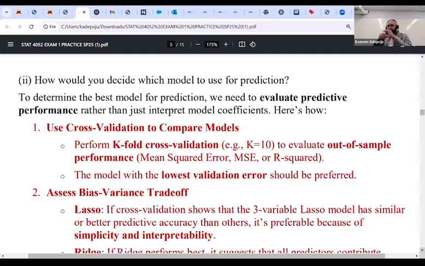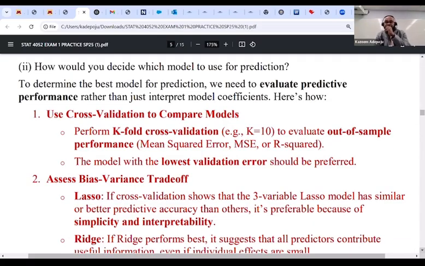So if I really want to know which model to use for prediction, then I need to evaluate predictive performance, and my target will be those metrics of evaluation for predictive performance. And of course, I have 3 of them: cross validation, the K-fold, leave-one-out, and the validation set. If you check your notes, I've differentiated between the 3.